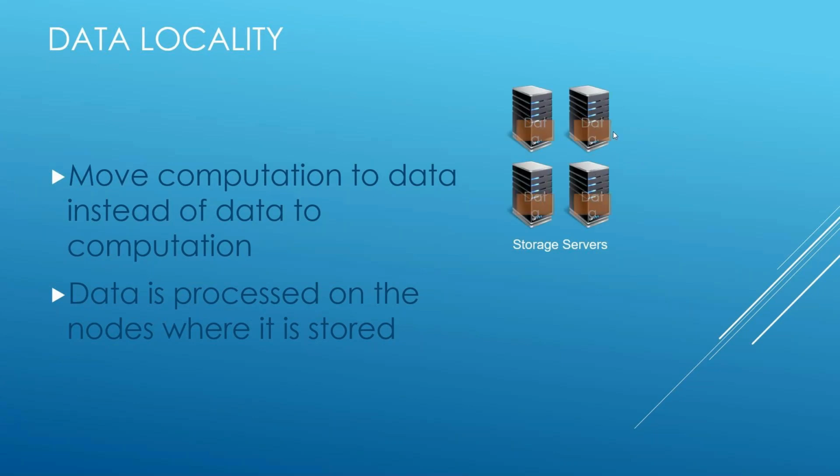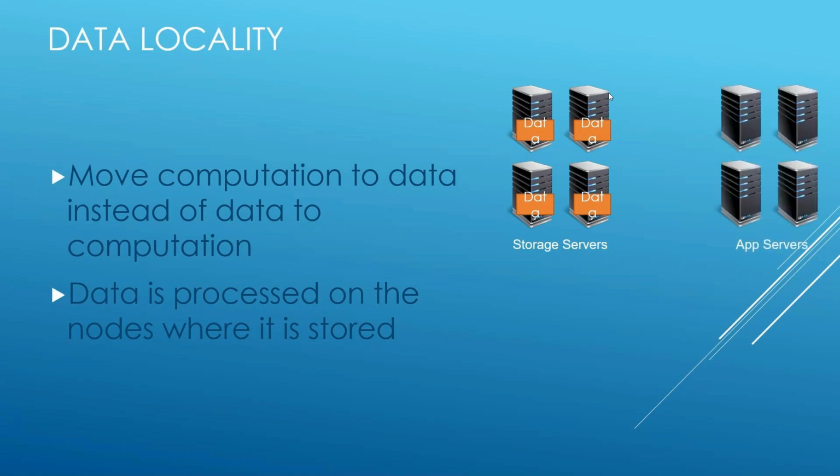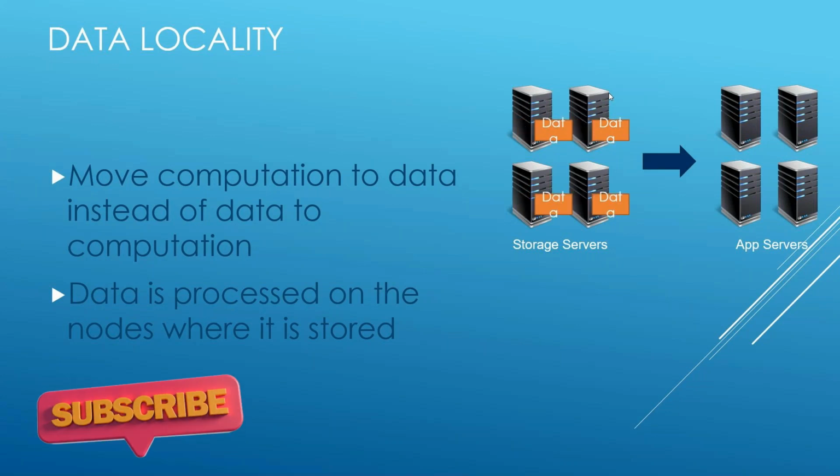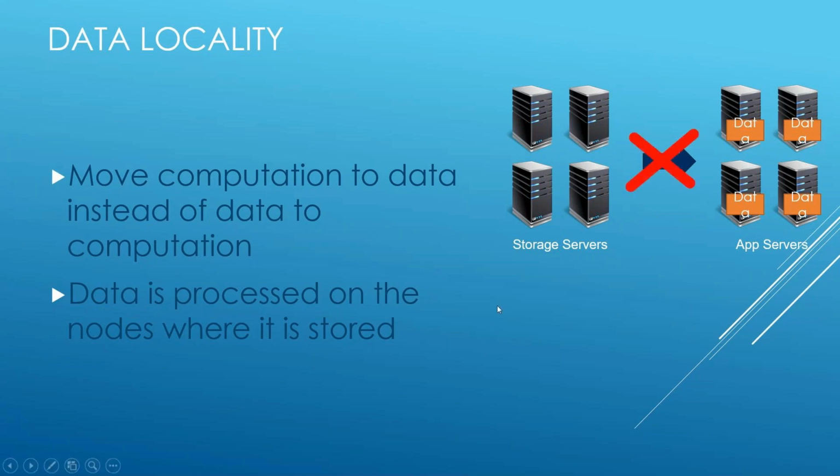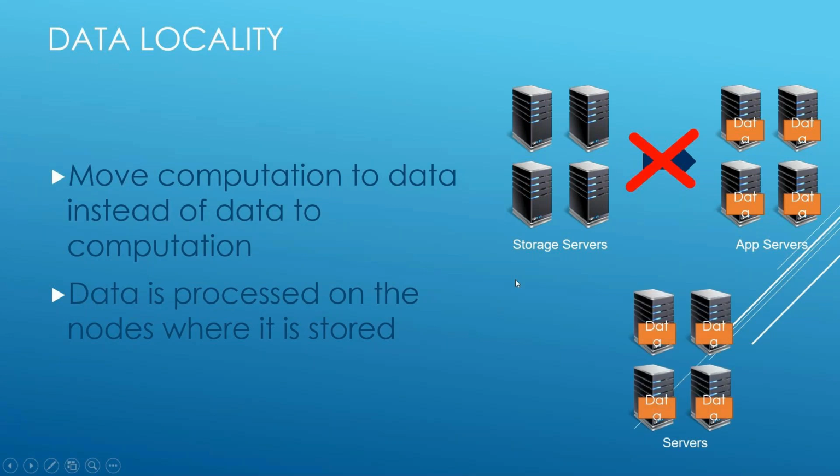Here there are storage servers, and data is available in those servers, and the application servers are connected. Because the data is located in these machines, by using these algorithms the application logic is used on those servers.